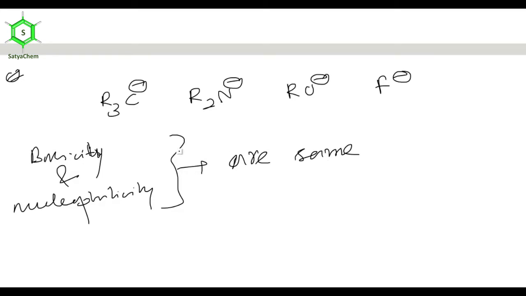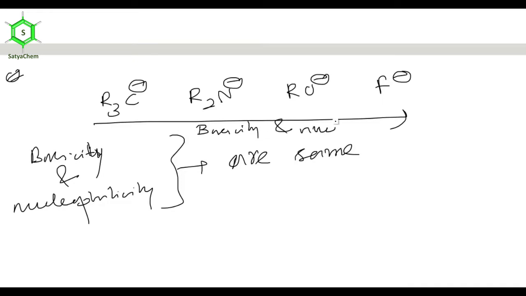If basicity increases, then nucleophilicity also increases. In this example, on moving from left to right, basicity and nucleophilicity decrease. Now, obviously, you are thinking why?